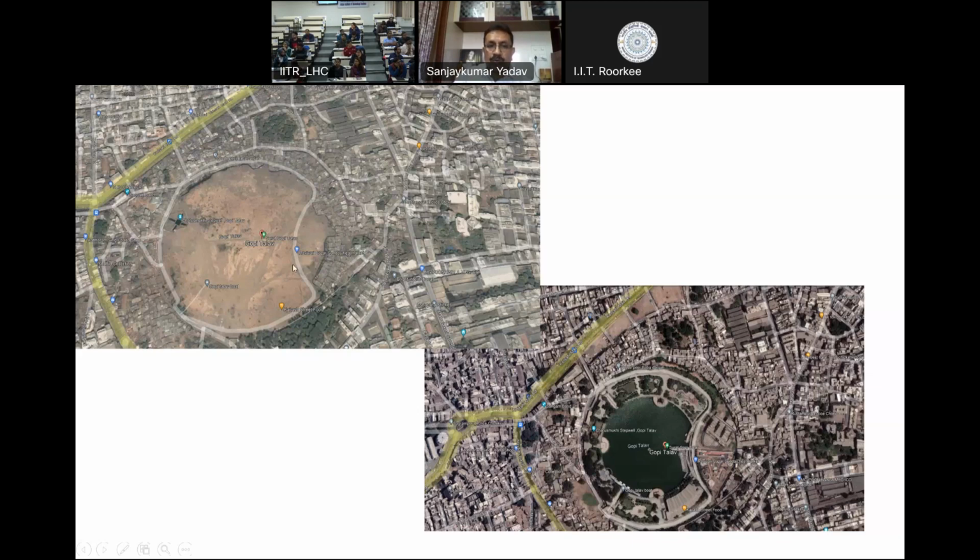So this is the image before the regeneration, that is 2015. This is the image in 2022. You can see the pond below, which is a regenerated pond in 2022. And every day, a number of people are visiting this particular pond. Let us see the details of it.